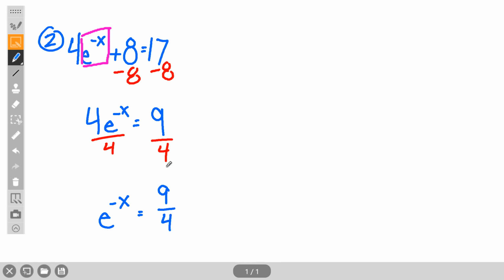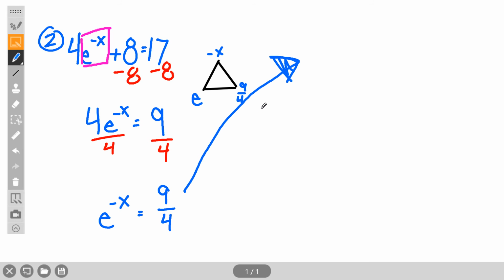All right, now that we have the base by itself, we're going to write this in logarithm form. It's currently in exponential form: e to the negative x equals 9 over 4. In logarithm form, this would be the natural log of 9 over 4 equals negative x.